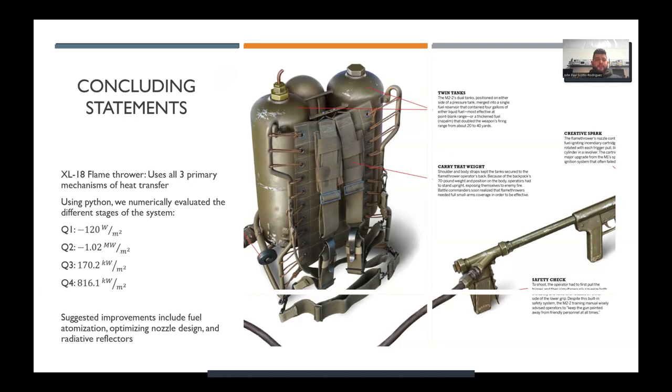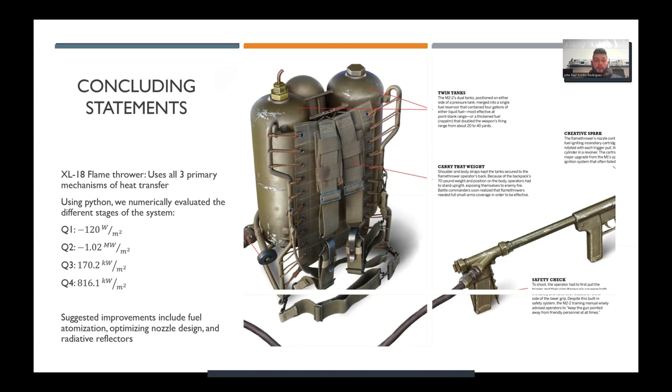Concluding statements. The XL-18 flamethrower uses all three primary mechanisms of heat transfer: convection, conduction, and radiation. Using Python, we numerically calculated and evaluated the different stages of the system. For Q1, we got negative 120 watts per meter squared. For Q2, negative 1.02 megawatts per meter squared.